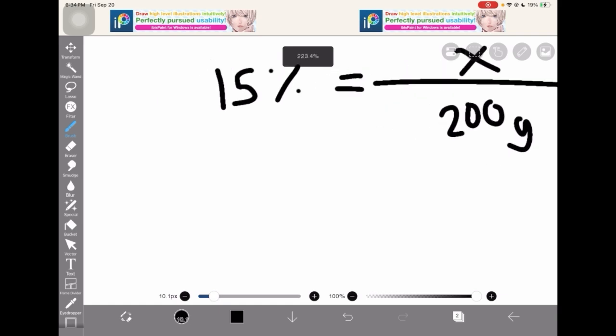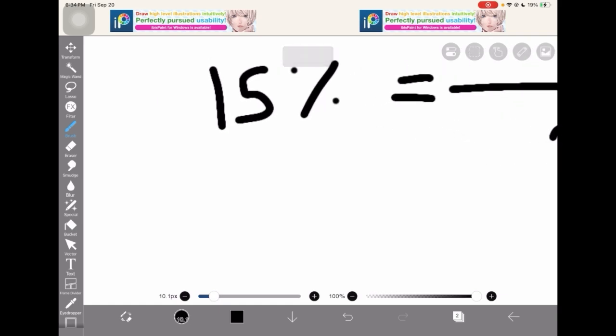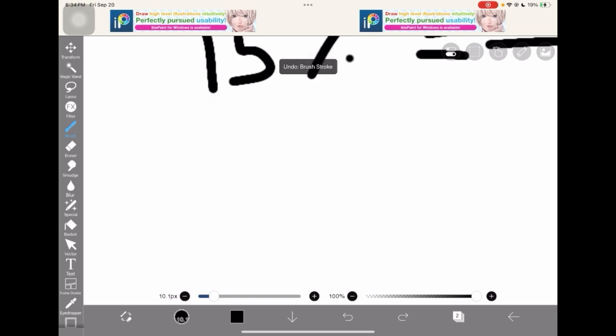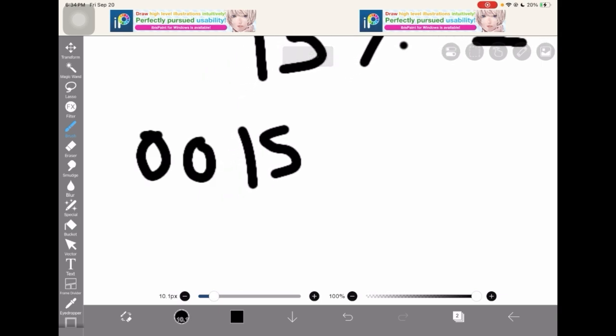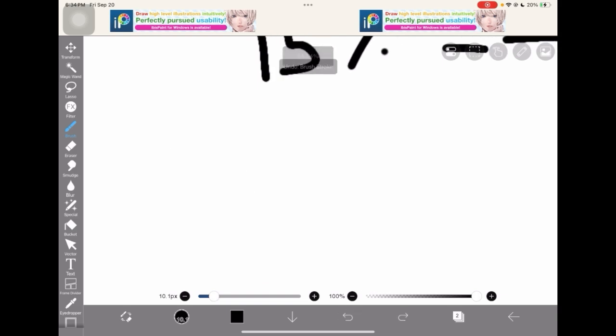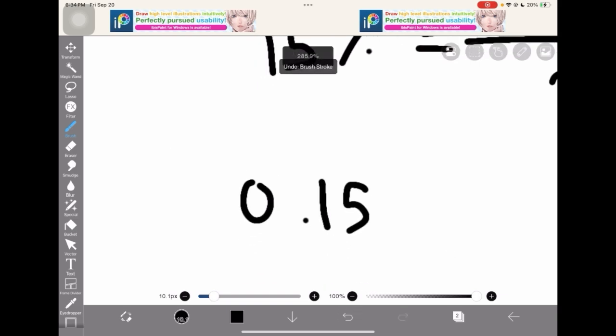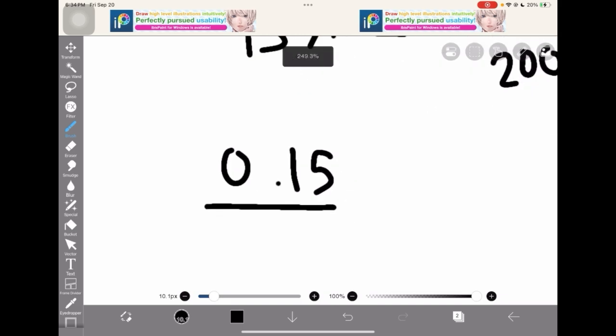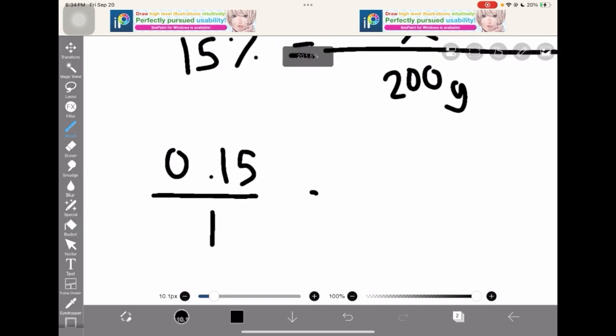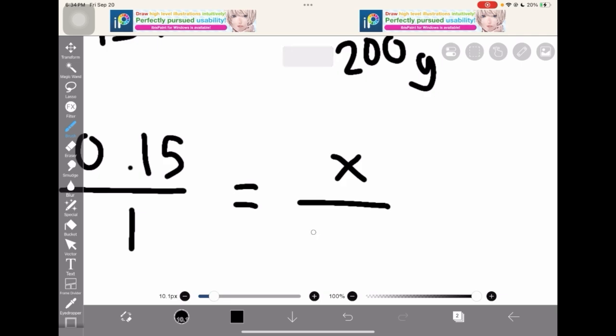First, we need to change this percentage into a decimal. So 15, and then you want to add 2 decimal places, 1, 2. So it becomes 0.15. And like always, on this side where there's no fraction, just put 1. Is equal to x over 200.